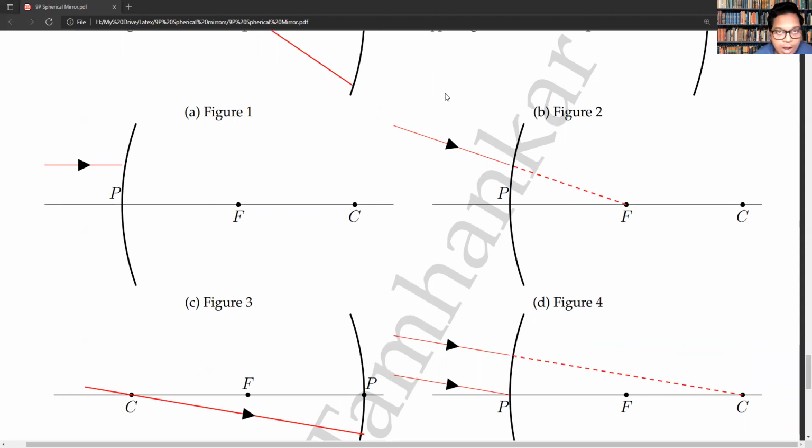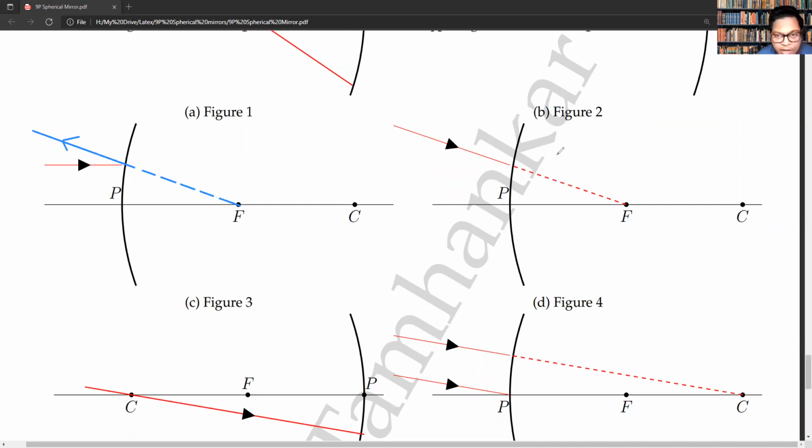Anyone would like to tell me how the third figure ray will go? This is a convex mirror. So from F it will go till P dotted and then will go up like that. Very good. So this will be dotted.